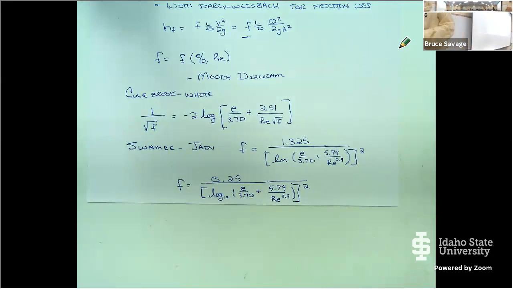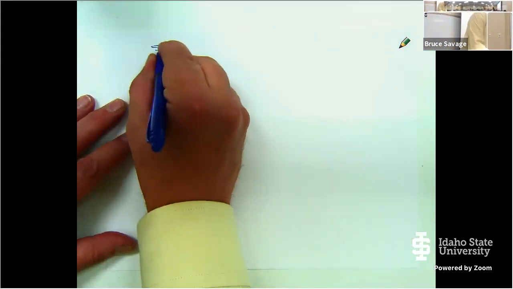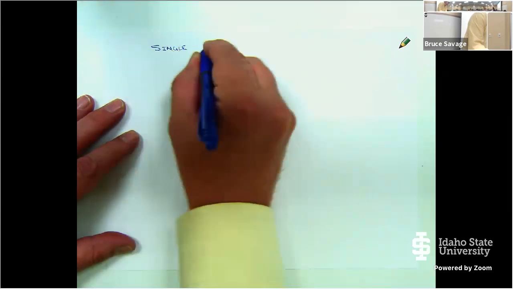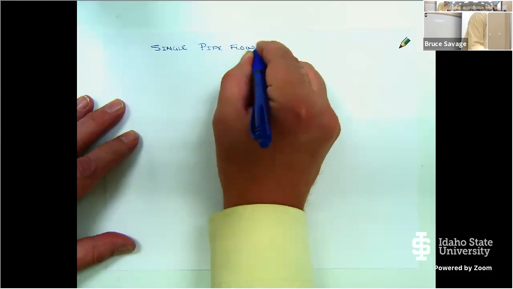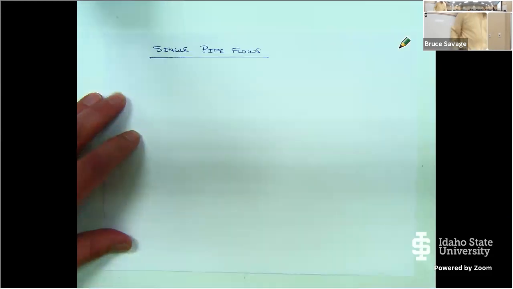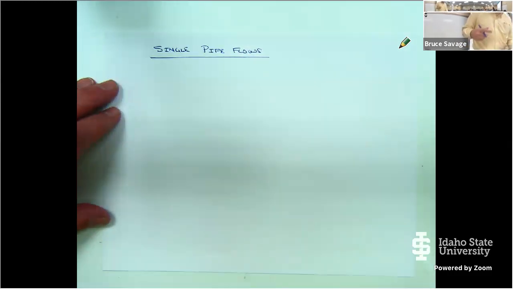Okay, so now with these tools in our hand, we can now solve single pipe flows. So single pipe flows, we have a couple of different things we can do with this.